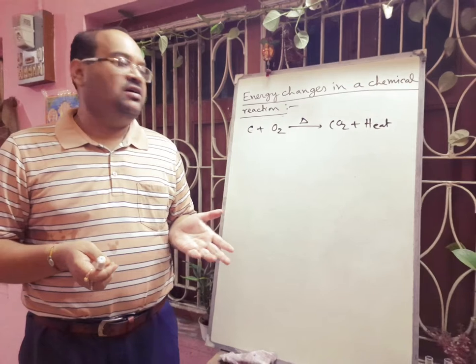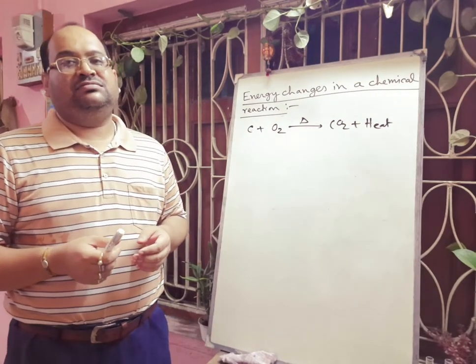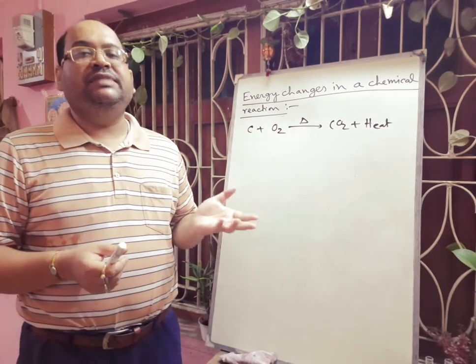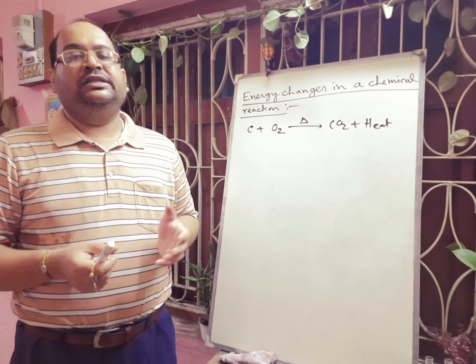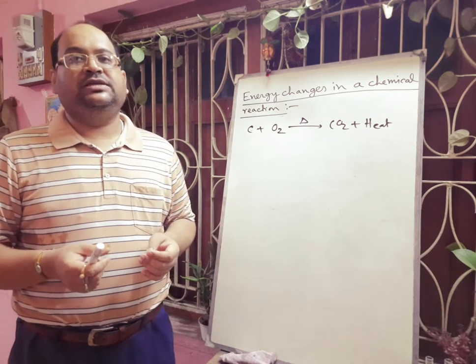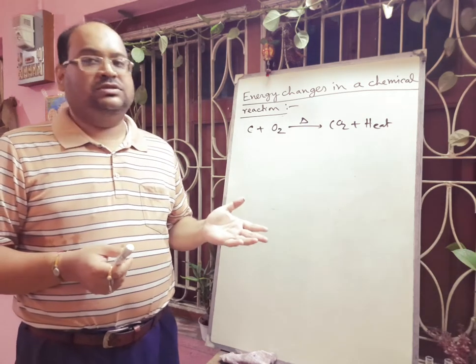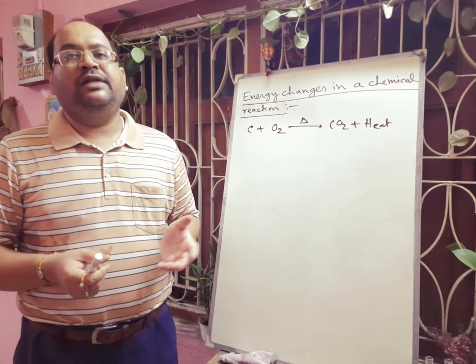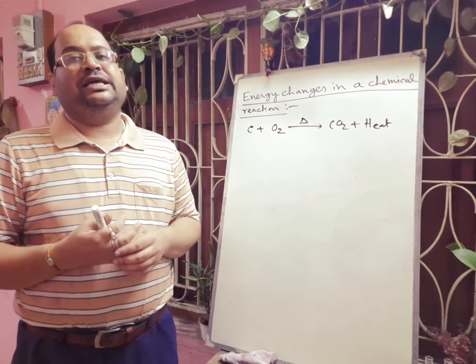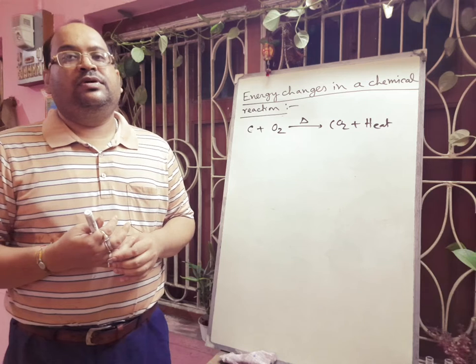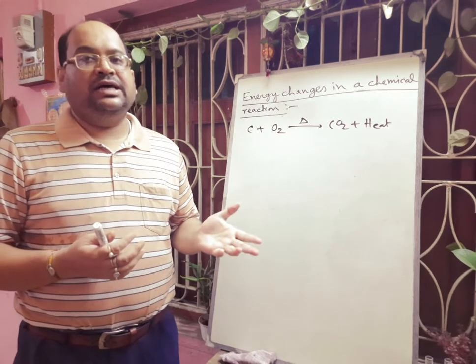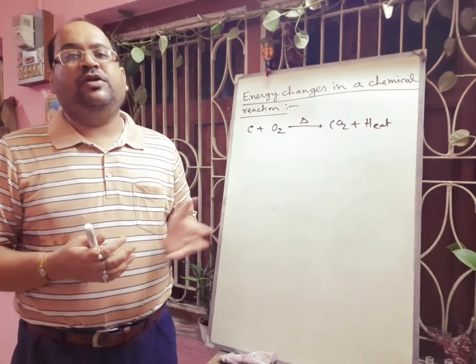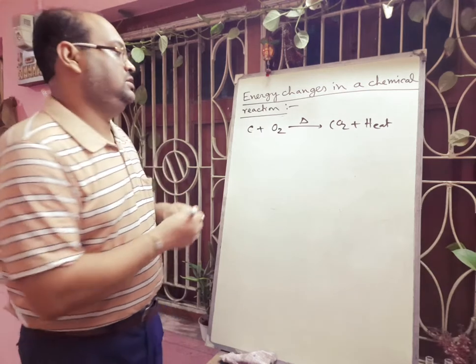And the combustion of natural gas, you can think about the methane. This is also an important source of energy for homes and industry. Methane is the main constituent of natural gas. So when we burn the methane gas, it also produces carbon dioxide and water.